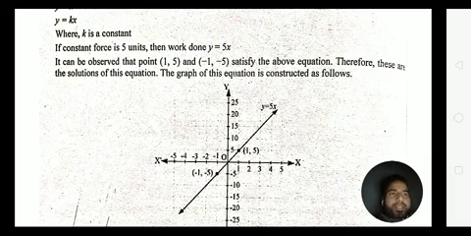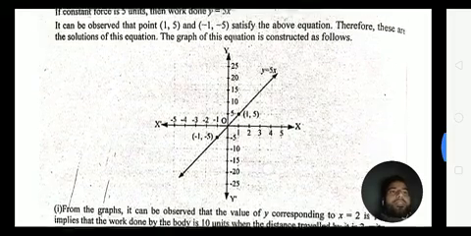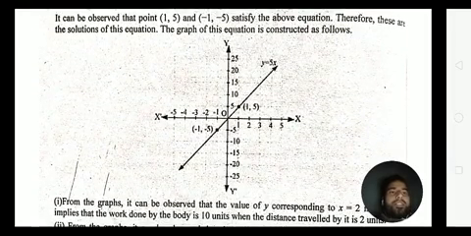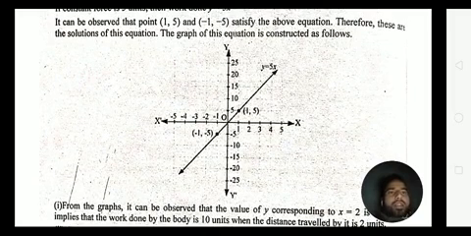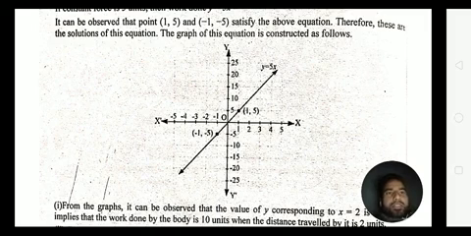The graph of this equation is constructed as follows. You can see in this layout, the first point is 1 comma 5. In place of x I put the value 1, and y is 5 units. The other point is minus 1 comma minus 5. These are the 2 points and I have to join these 2 points.